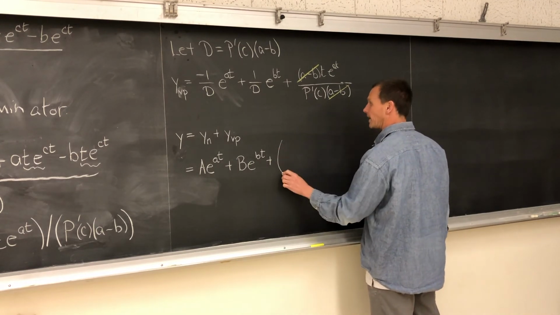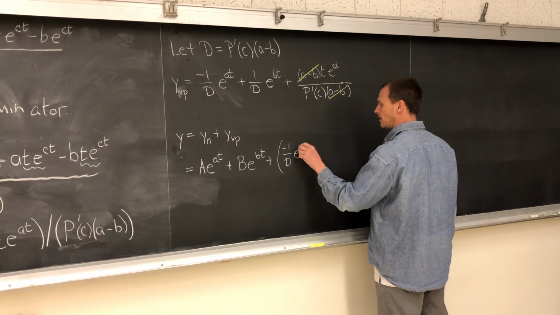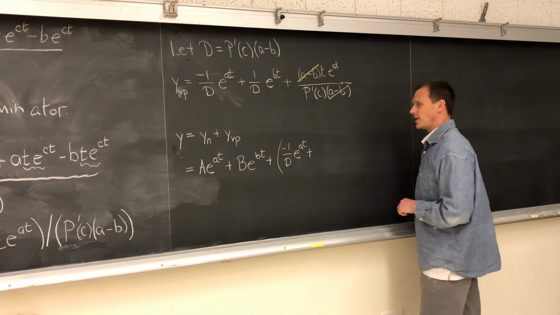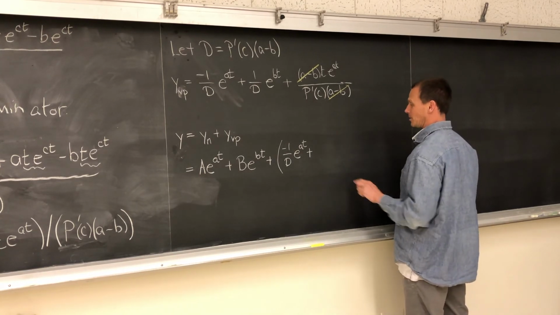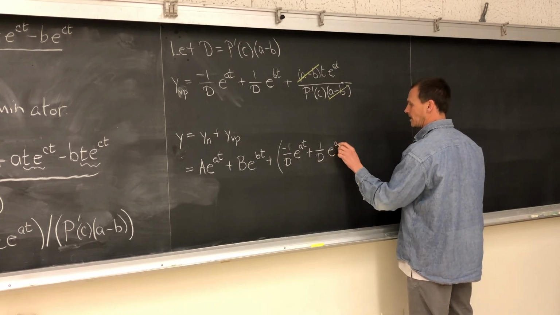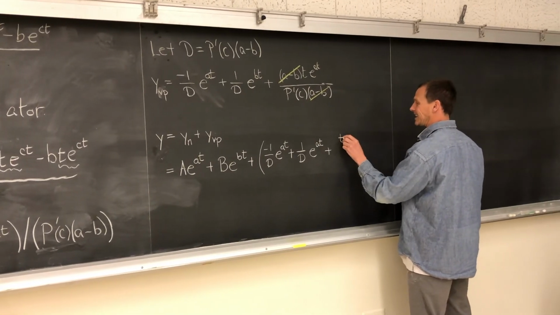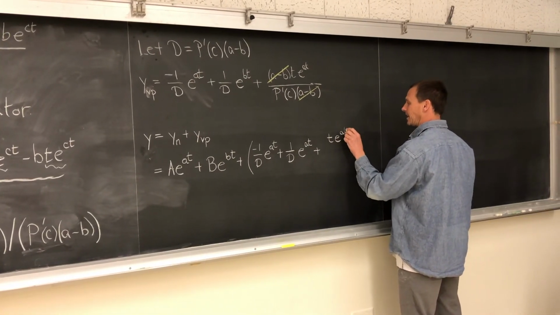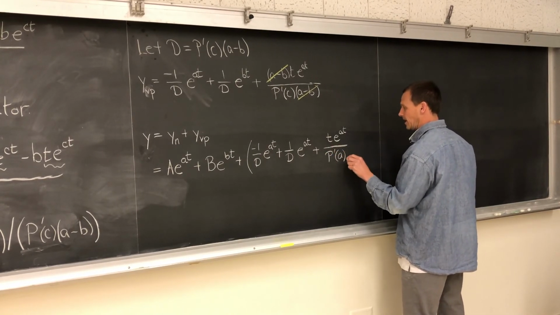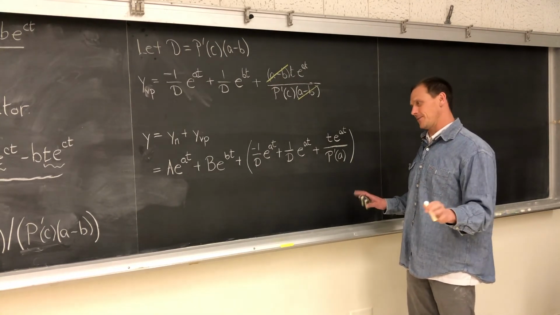We'll write it out: minus 1 over D e to the at, plus, I'm using the parentheses just for clarity, because this is a big solution at the moment, 1 over D e to the bt, plus t e to the at over P prime of A.